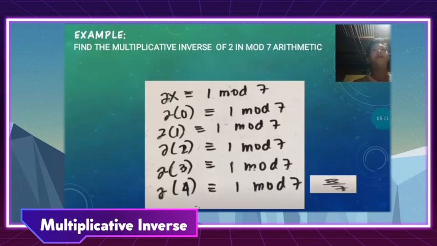So let us recall the multiplicative inverse in algebra. The product of two numbers, for example, we have the product of 2 and 1 and a half.